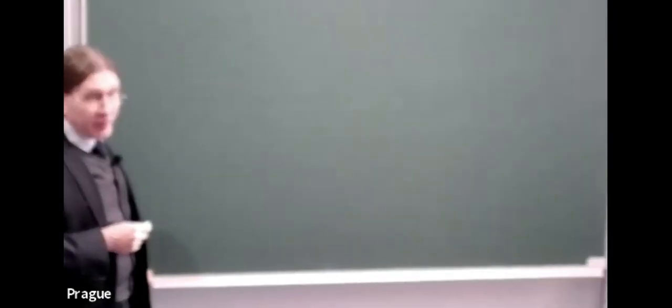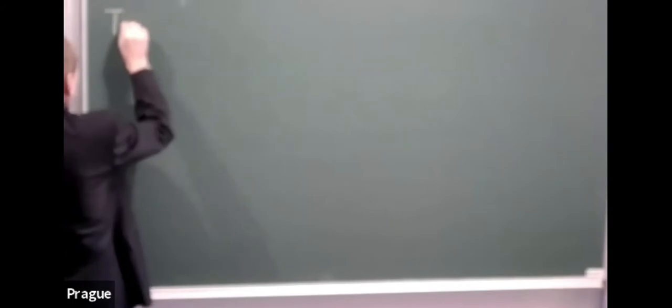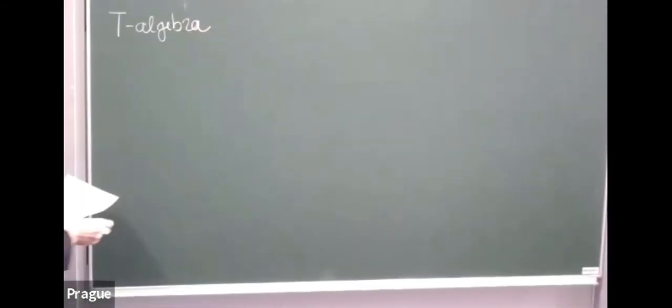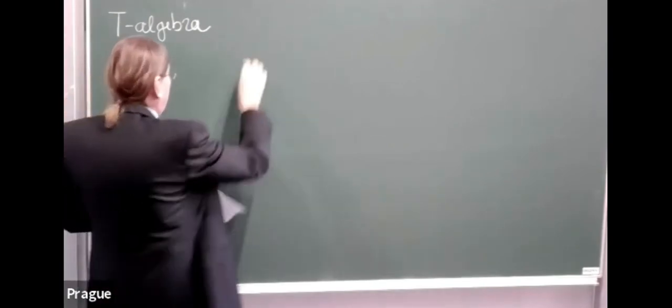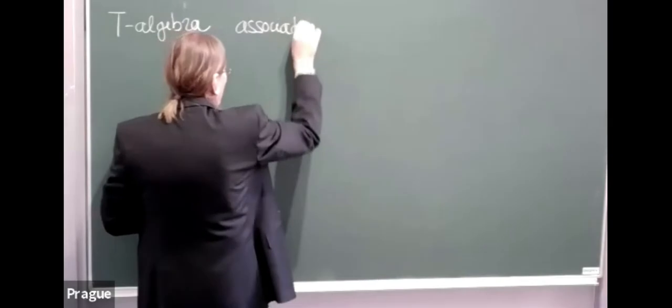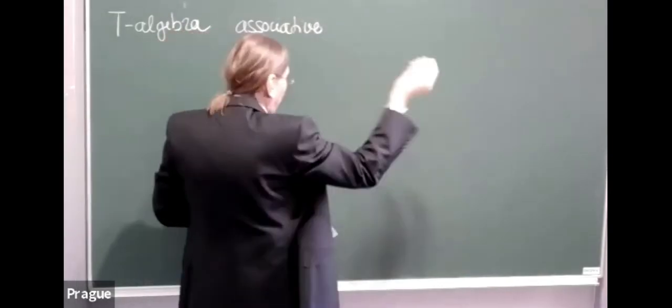It's probably not very surprising when I say that an algebra over this monad, a T-algebra, is an associative, well, non-unital monoid.